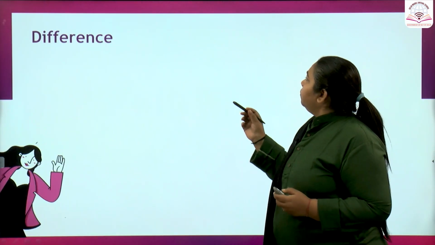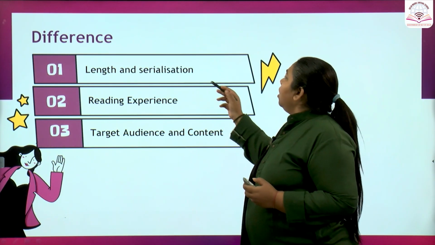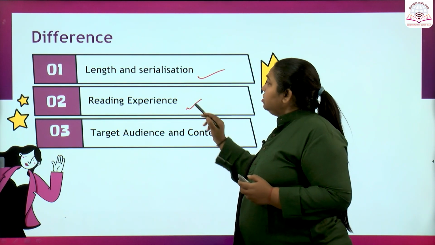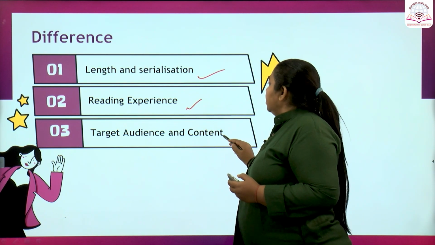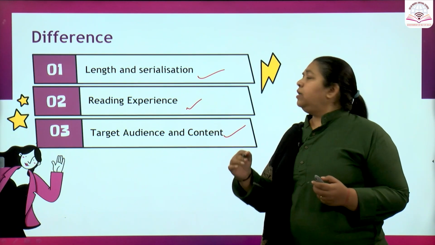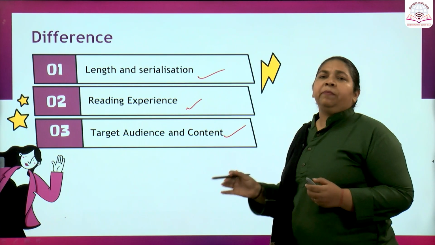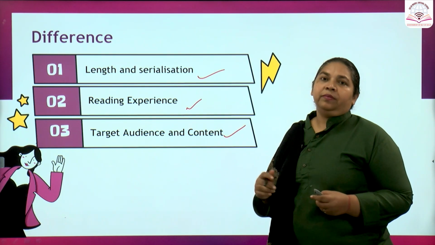And then we have more differences on various parameters: length and serialization, reading experience, target audience and content. Let's see all these three parameters in detail.